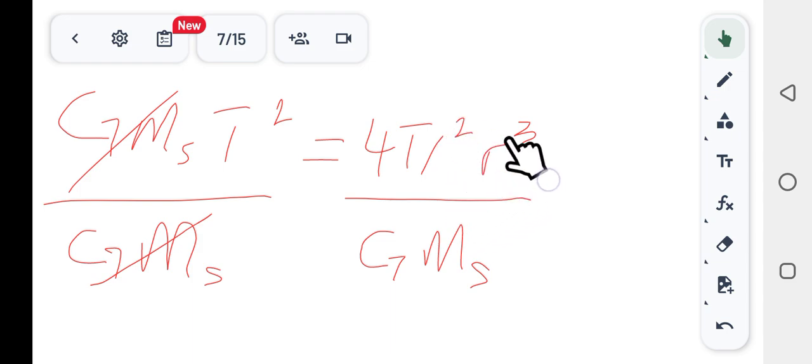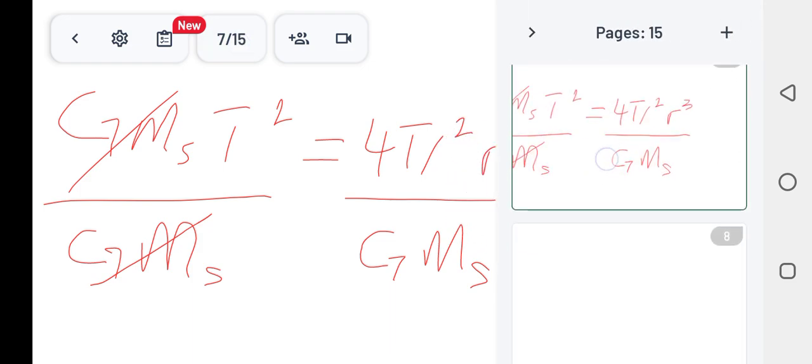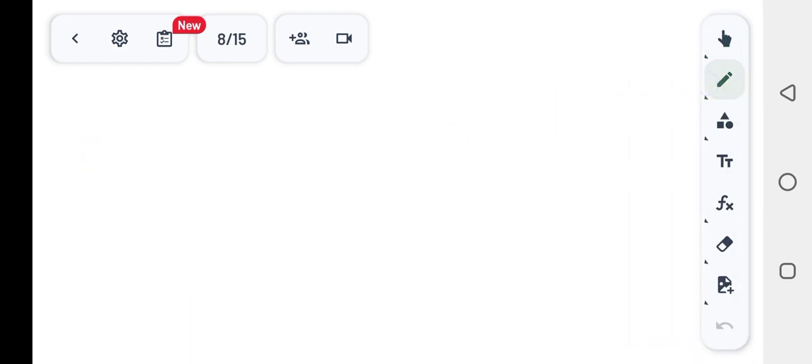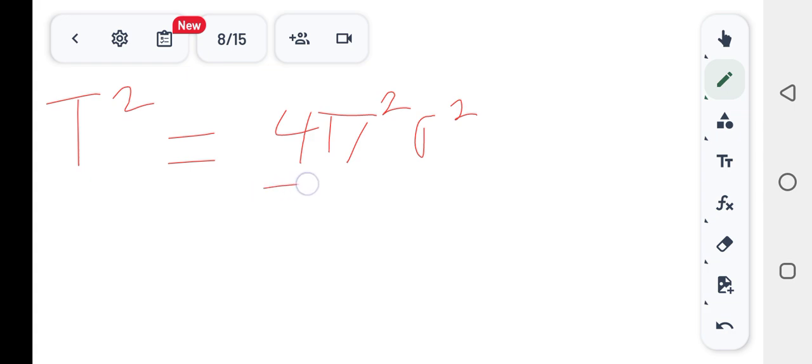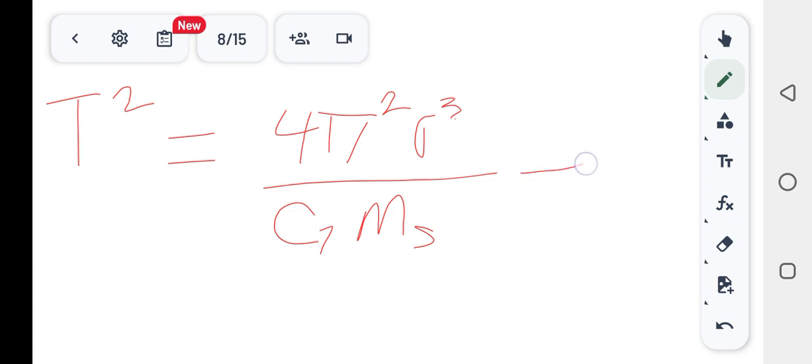We are left with t squared equals 4 pi squared r cubed, all over G times the mass of the sun. This is equation 5.